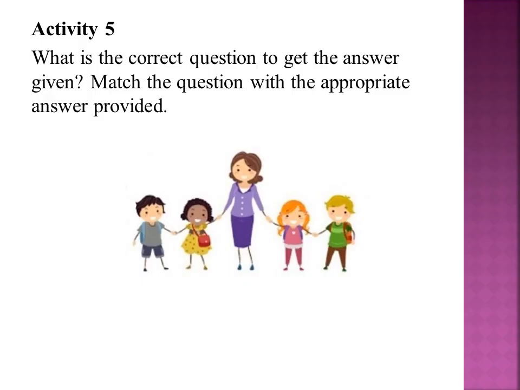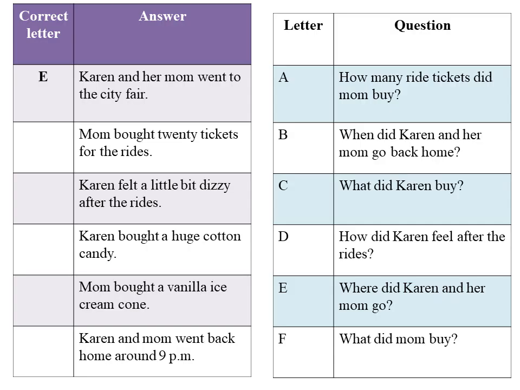Let's do another activity. This is a bit complex, but don't worry. It will be easy for you once you understand. In this slide, you find 2 grids. In the left side grid, you find some answers for the questions given in the right side grid.